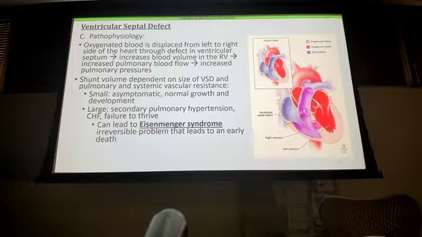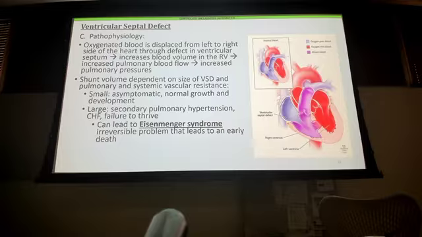But what is happening is you have all that extra volume on the right side that shouldn't be there, and all that extra pressure on the right side that shouldn't be there. And now the heart is going to have to compensate for that higher volume and higher pressure. Well, what happens if that pulmonary artery pressure starts to increase to the point where the pressure is higher on the right than it is on the left?